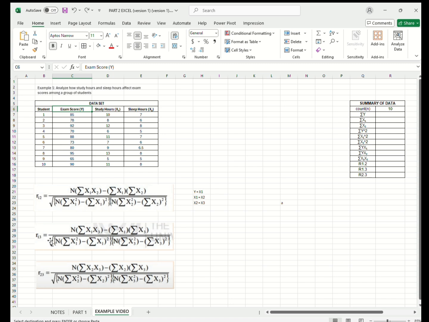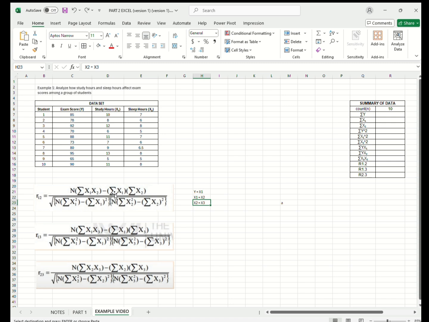And then R1.3, the correlation between exam scores and the sleep hours. And then R2.3, the correlation between study hours and sleep hours. Take note that y is equal to x1, the independent variable study hours is equal to x2, and the independent variable sleep hours is equal to x3.